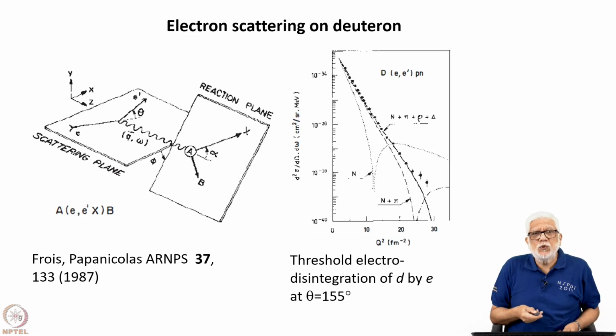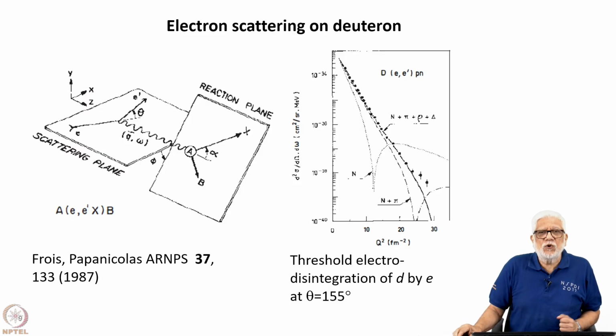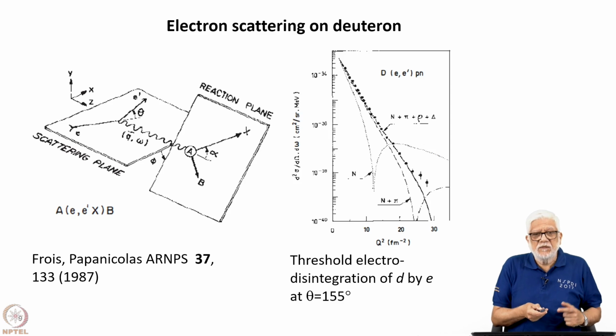Okay, so now we come to measurements concerning the deuteron. Of course, electron scattering on the deuteron has been measured, and this is taken from a review article by Frois and Papanicolas in the Annual Review of Nuclear and Particle Science, 1987.